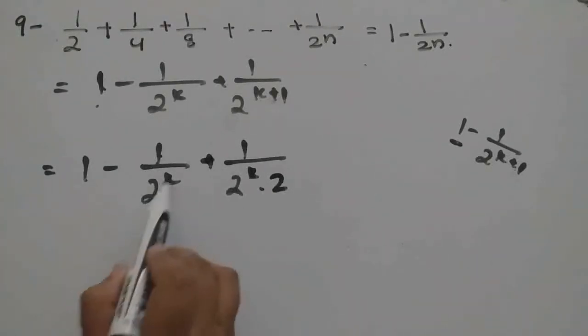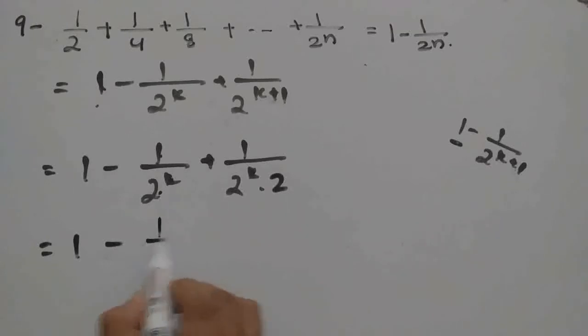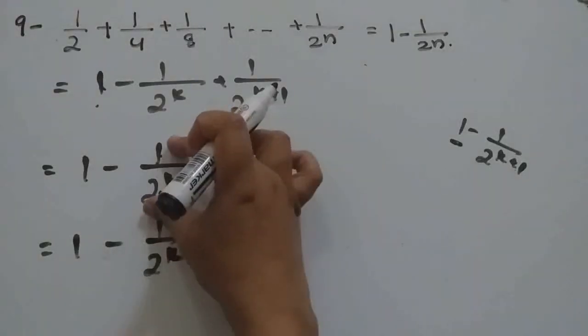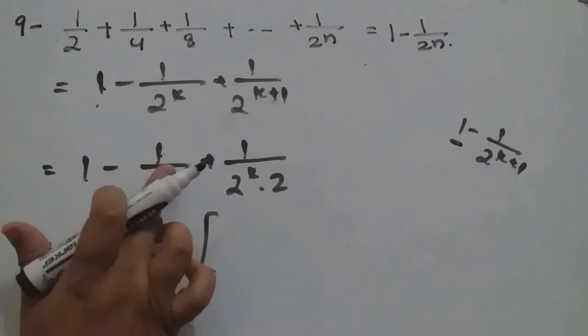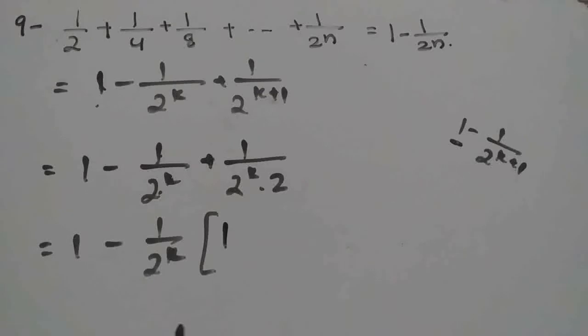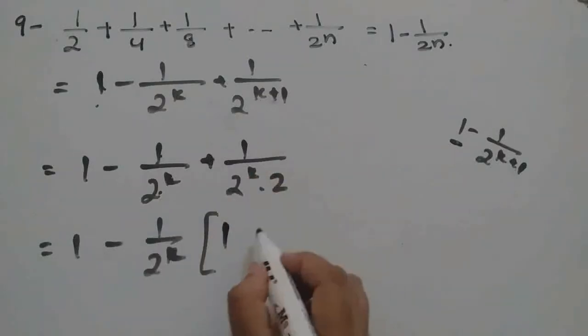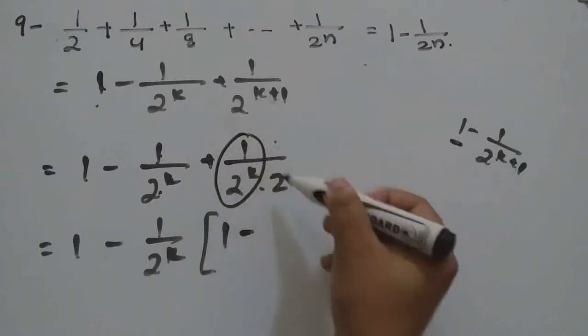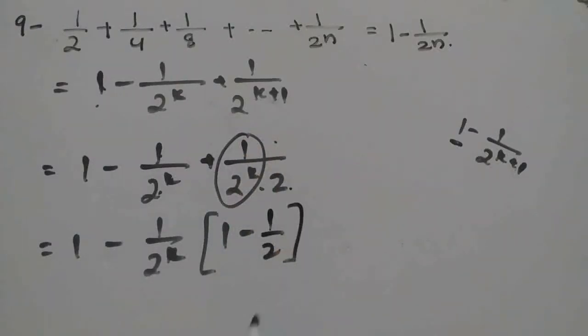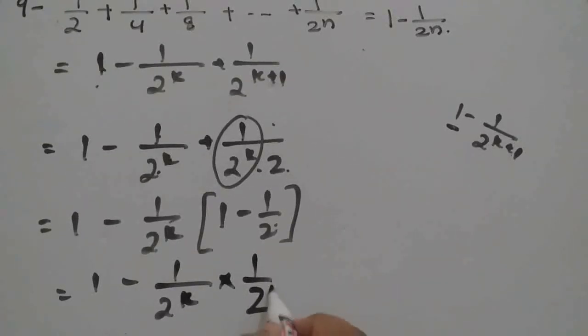Now 1 by 2 power k I can take common. So if I am taking 1 by 2 power k common from this expression, here 1 will remain, this sign will change into minus, and here 1 by 2 will remain, isn't it? Now 1 minus 1 by 2 is what? 1 by 2 only. Okay, and this is what? Power 1.